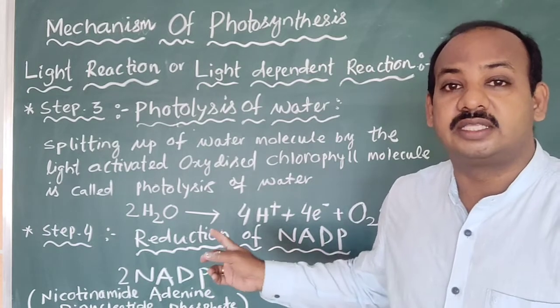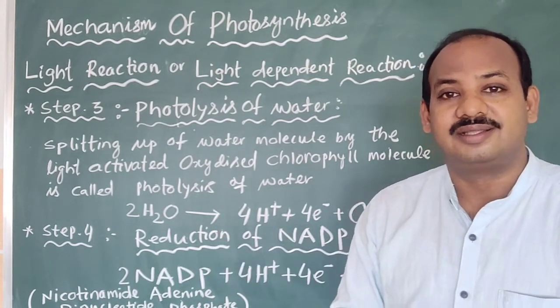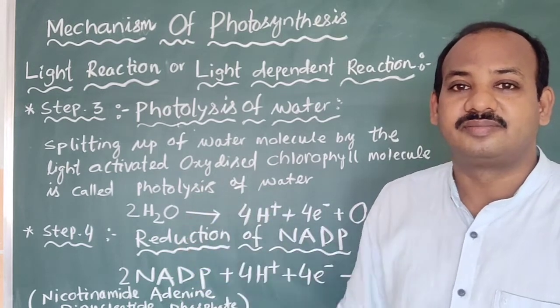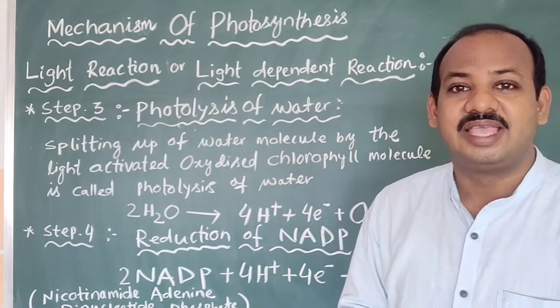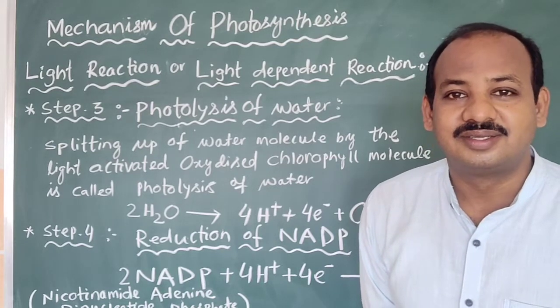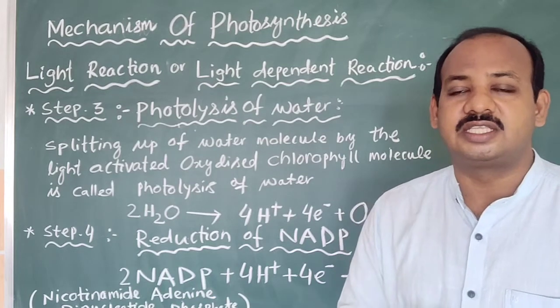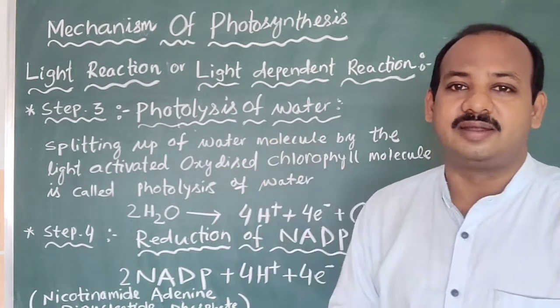This was proved by Robert Hill. That's why photolysis of water is also called Hill's reaction. Hill is the name of the scientist who proved that the oxygen comes from water, not from carbon dioxide.